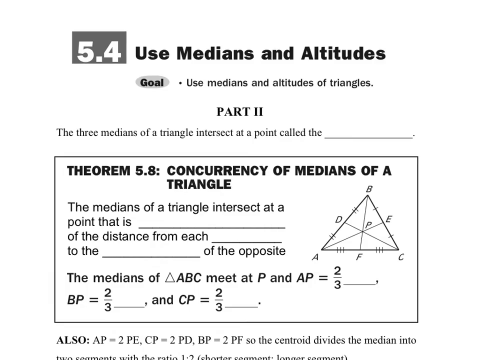So that was the easy part. Now we get into a little bit more complicated part with our use of medians. The three medians of a triangle intersect at a point called a centroid.